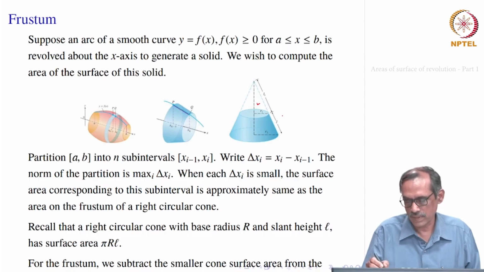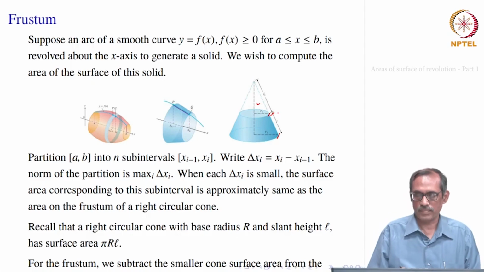Here we have the total slant length, say L. L1 is the white one corresponding to that, and then this total will be pi r times L, or you may say if L is only this much, this is the length, then it will be L plus L1. Okay.